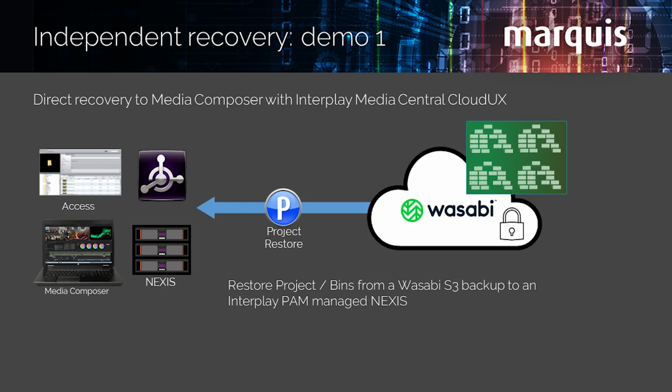And this one will show the process to recover files from our backup to a Nexus. In this case, I'll show the deletion of some Nexus essence files from underneath an active Media Composer project. And then we'll use our project restore capability to recover just the missing files from the backed up version of the project. The Nexus workspace and the projects using the media have all been regularly backed up into that S3 object storage.